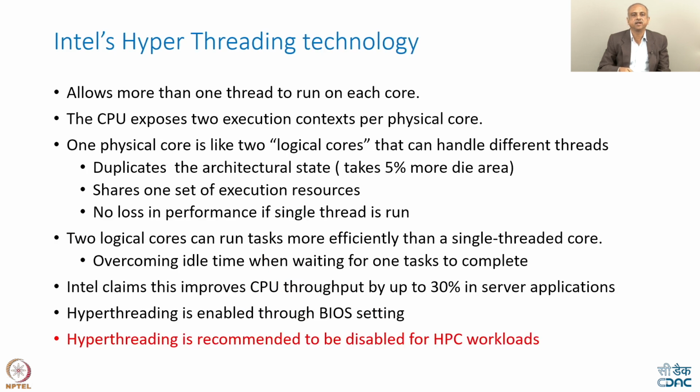Here it may be pertinent to introduce what Intel calls hyperthreading. So, here it runs on a core. What Intel has done is the CPU exposes 2 execution contexts per physical core. What it means is that one physical core has 2 logical cores. So, how are these logical cores implemented?